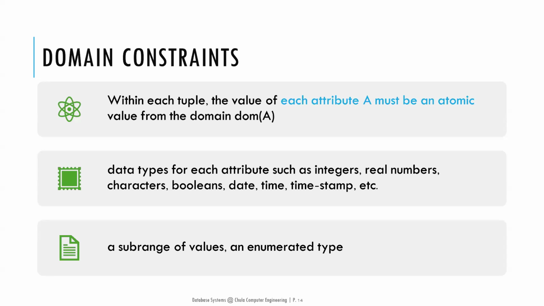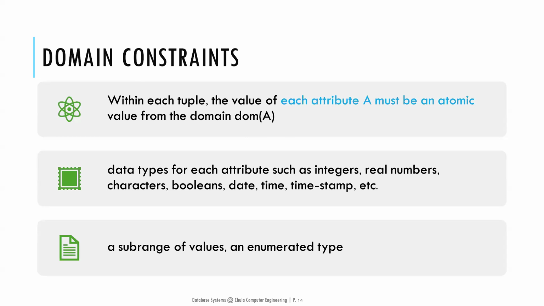We'll have more examples later on. Within the domain constraints, one is saying that it must be atomic and it must be in the same domain. All right. So just these two things. Being in the domain constraint, it's atomic and must obey the domain that you set.